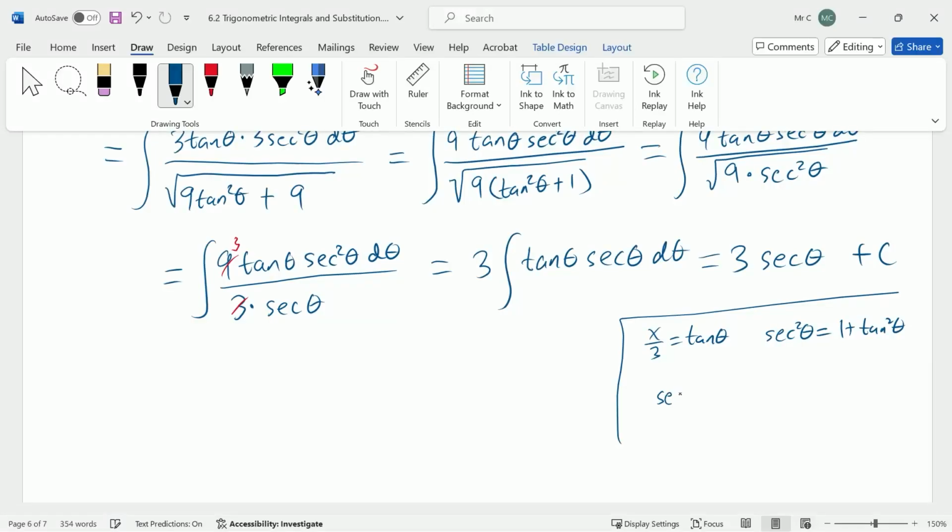So I can substitute that back in, and I get secant of theta is the square root of 1 plus (x over 3) squared. Though that's not how we would write it.